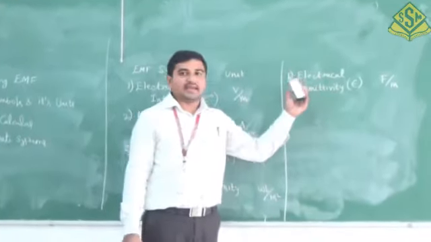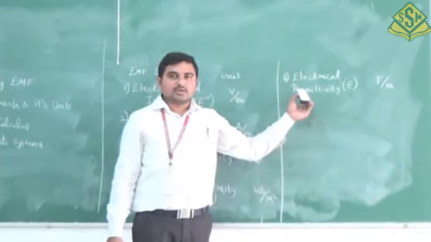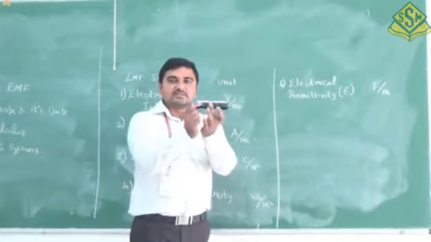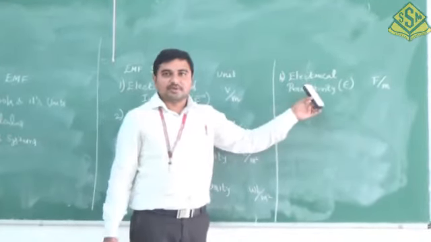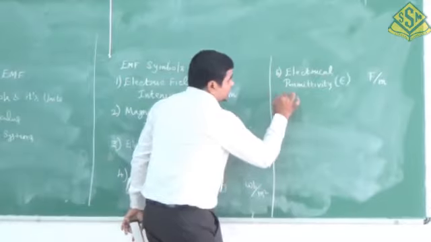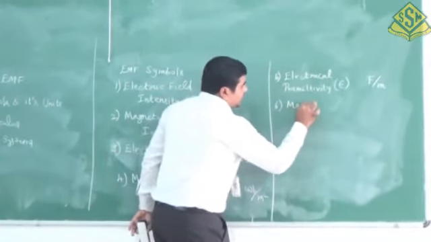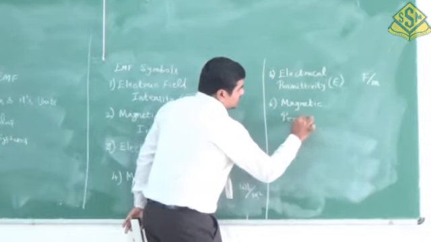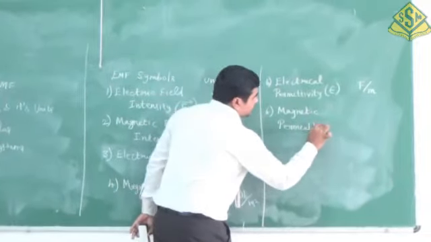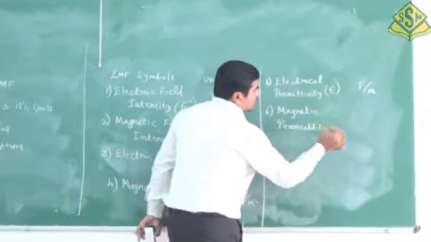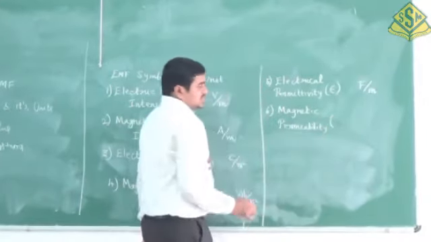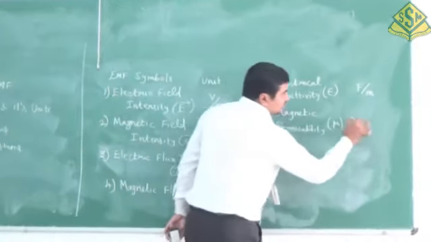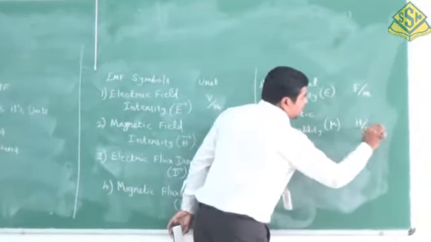That is called electrical permittivity. So how much amount of electric field is permitted by this medium is called electrical permittivity. So last one is magnetic permeability. It is represented as mu. Its unit is Henry per meter.